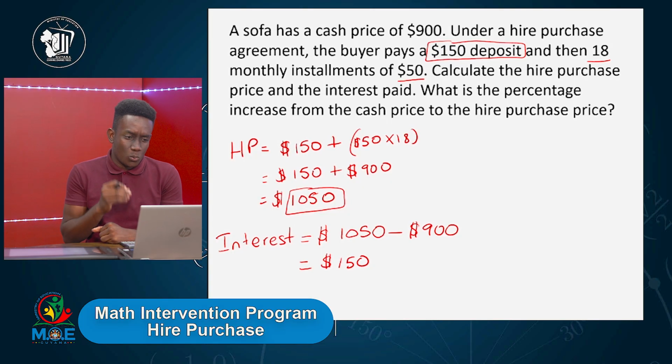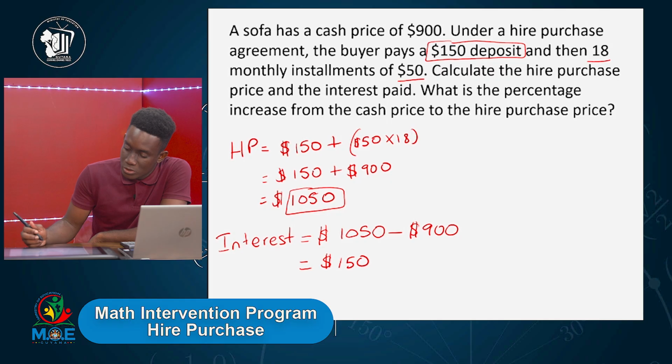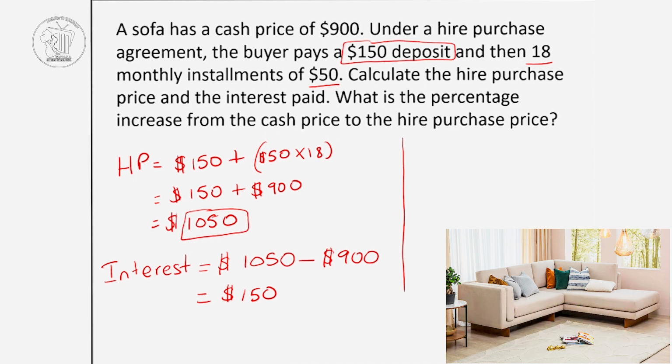The next part says, what is the percentage increase from the cash price to the hire purchase price? So let me work that right in the corner here. The percentage increase would be, we know the interest is 150, so it will be the interest, which is 150, over the original cash price, which is $900.